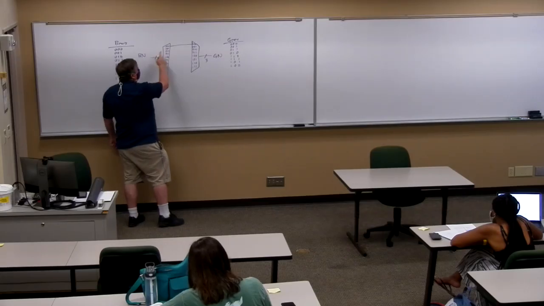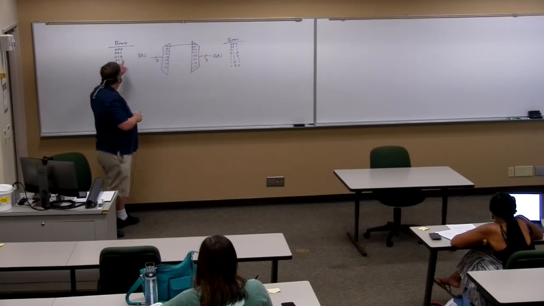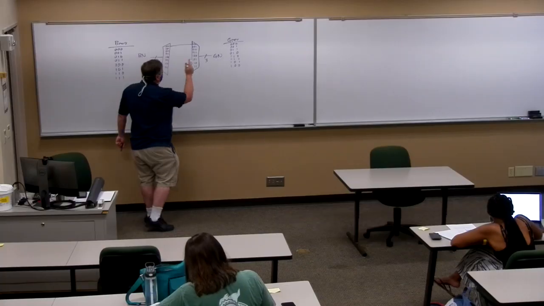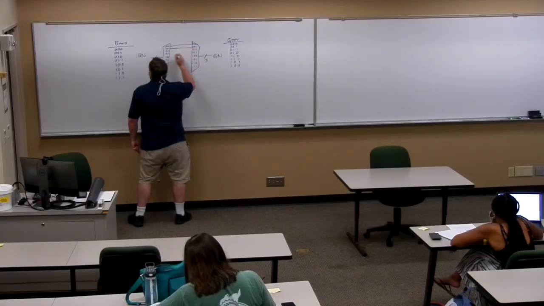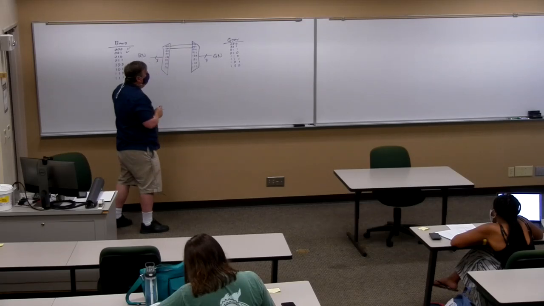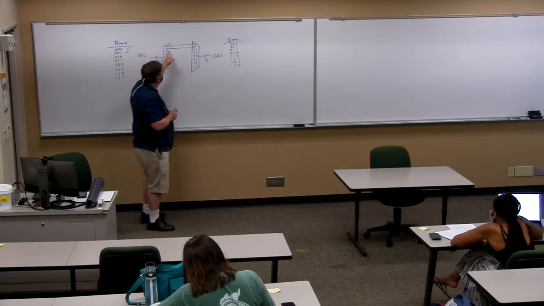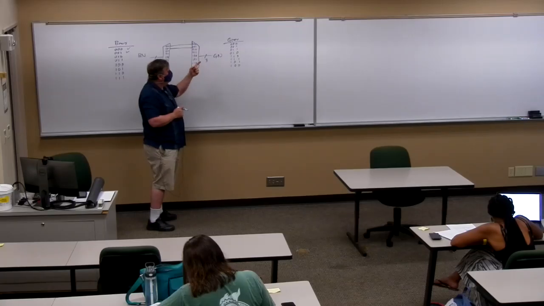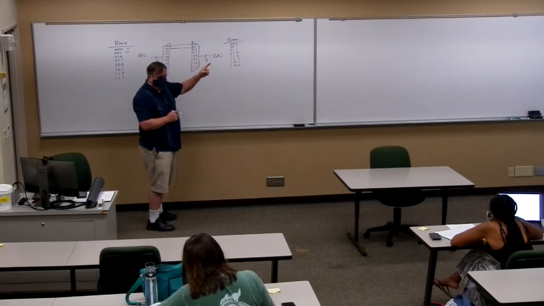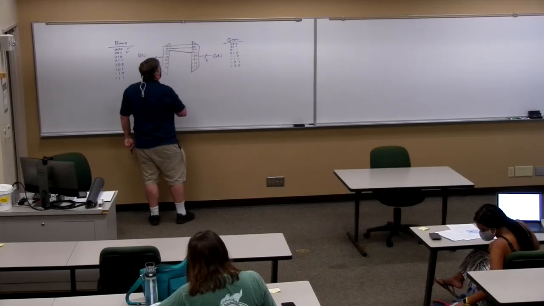So if this code was 000, that code has to be 000. If this code is 001, that one has to be 001. You start hitting your difference here. When 010 comes in, the code I want to output is 011 on the other side. So I just hook them diagonally across.